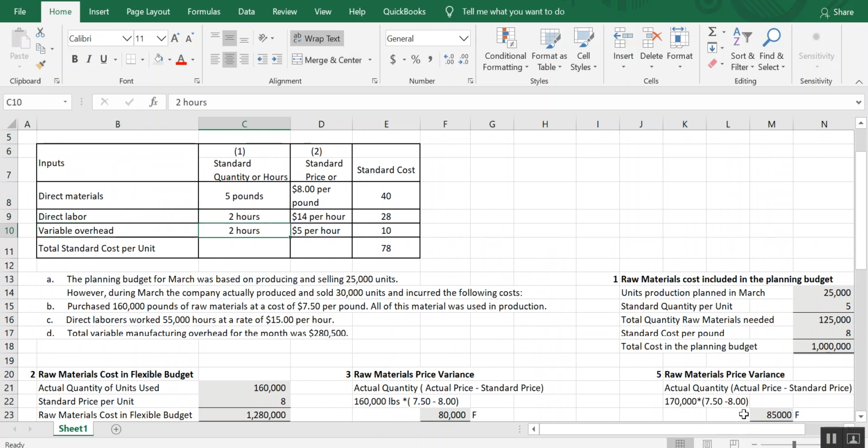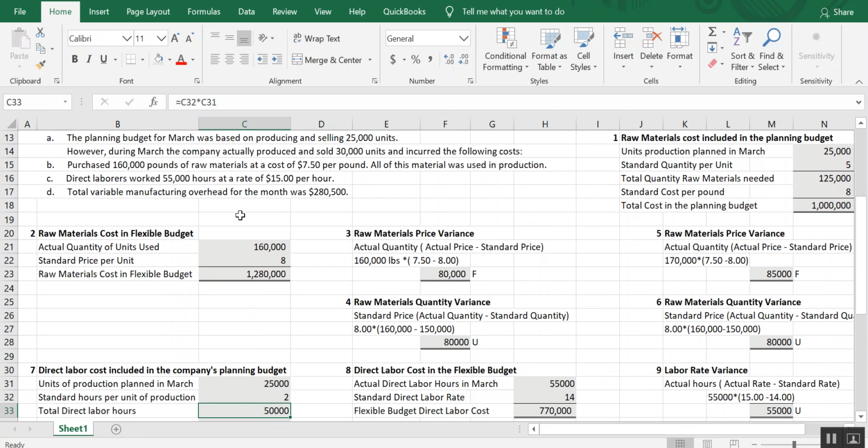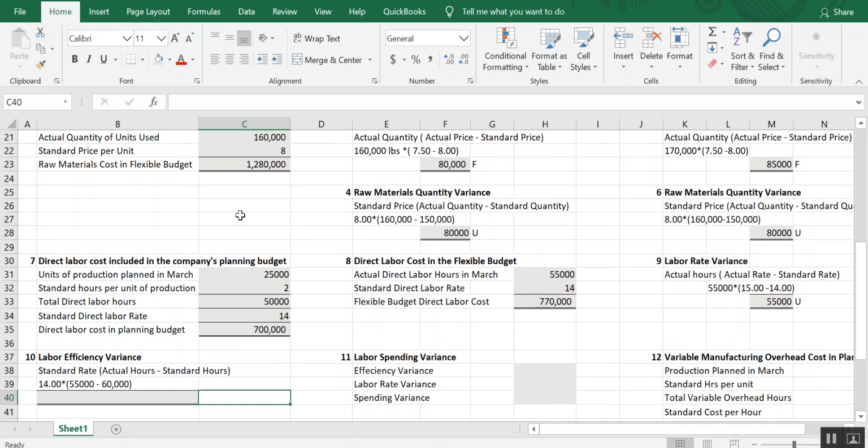That's not the planning activity, that's the actual activity. So we had 30,000 units that we produced. And if we use the standard rate per unit of 2 hours, we get 60,000 hours, which would be allowed if we were building 30,000 units. That's a standard number of hours.